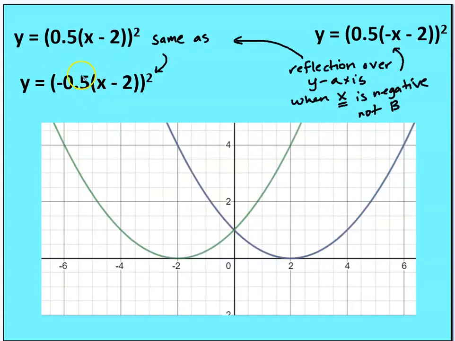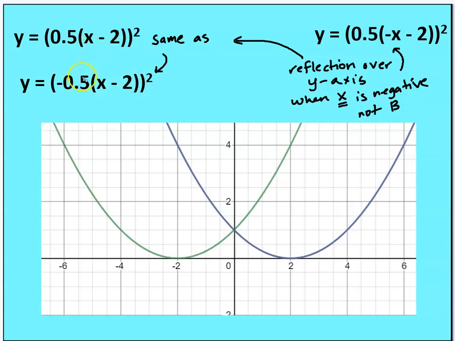All right, so let's talk about reflections as well. So again, I'm going to differentiate between values outside and inside the parentheses, and we specified a negative x value as a reflection over the y-axis.